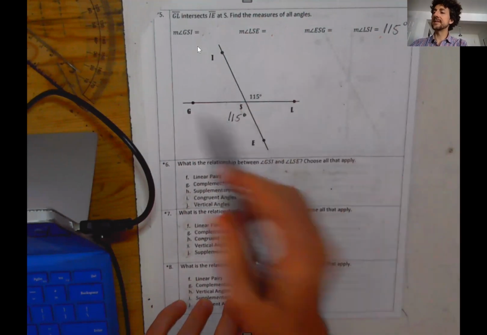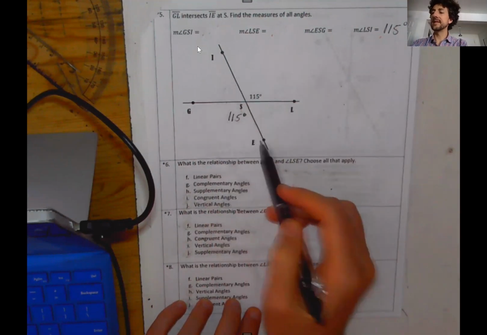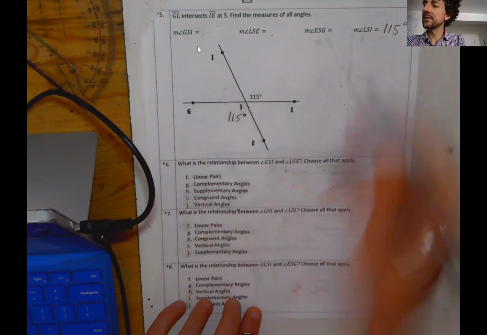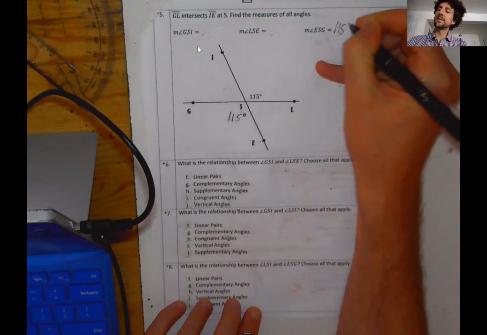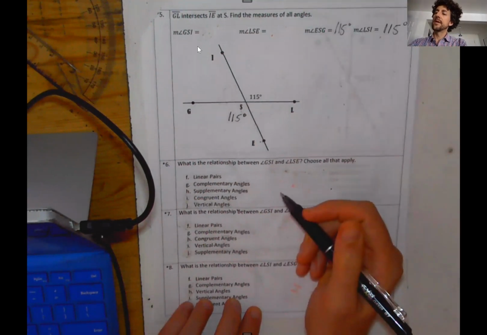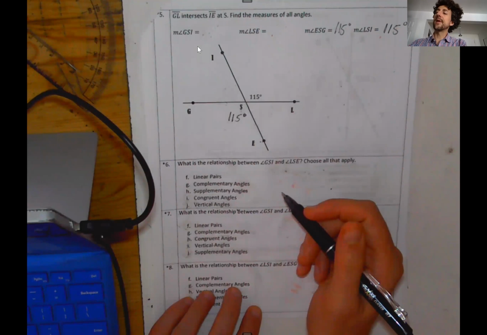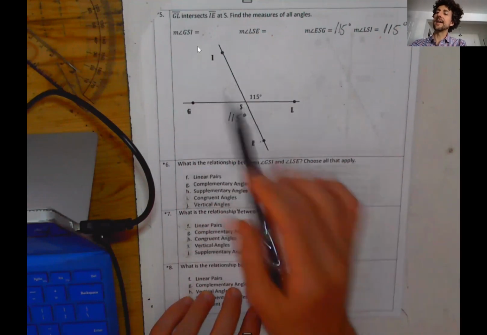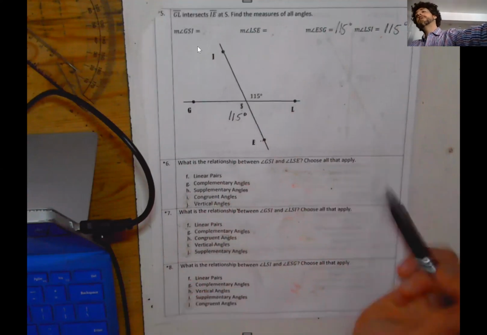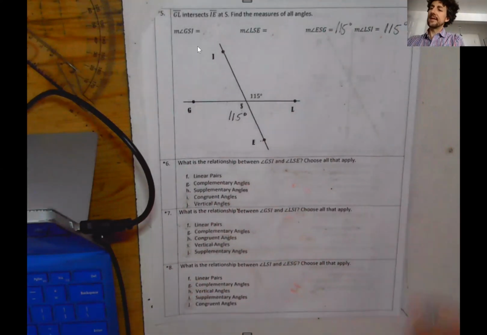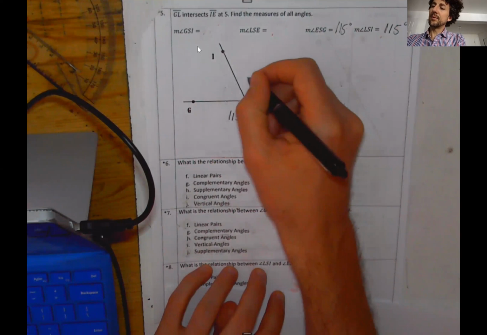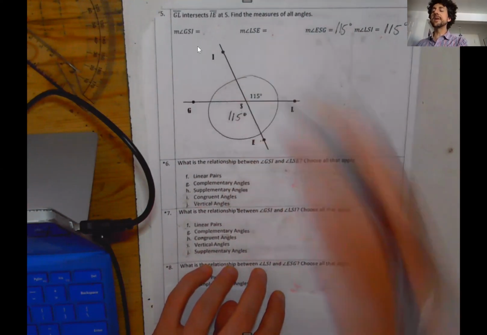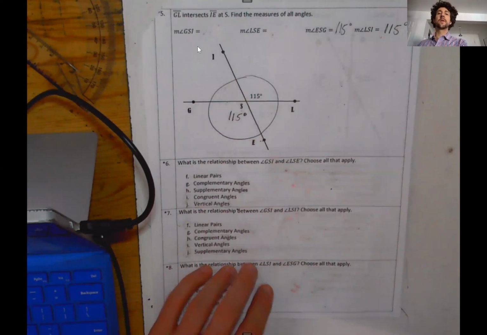So angle GSE, ESG, is also 115 degrees. Then, in order to figure out angle LSE and angle GSI, we know that the total number of degrees in a circle, this is not a perfect circle, is 360 degrees.